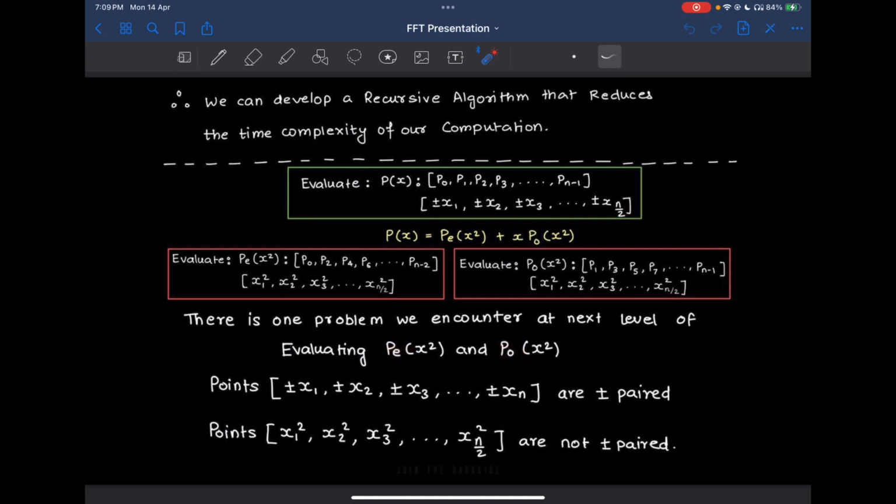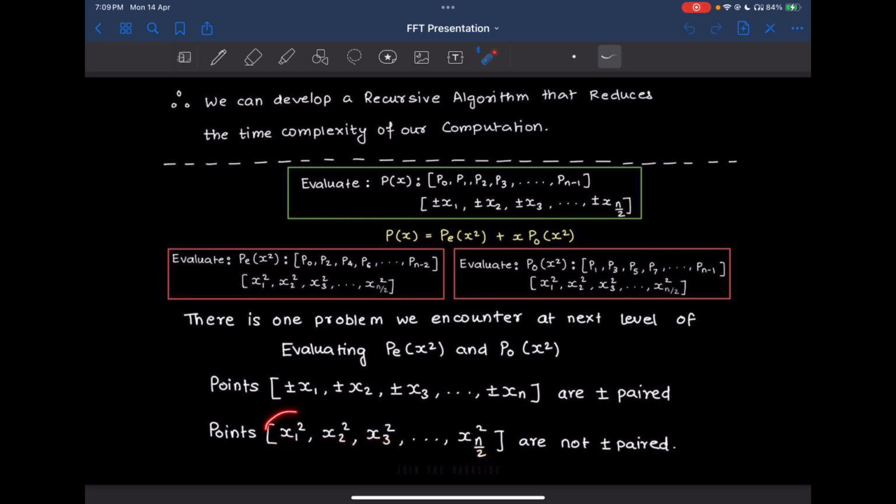What is the problem that we obtain? See, all these points are positive-negative paired at the first level of recursion. But at the next level of recursion, when we obtain these points from the even part and odd part, these are squares, right? Now squares are always positive.